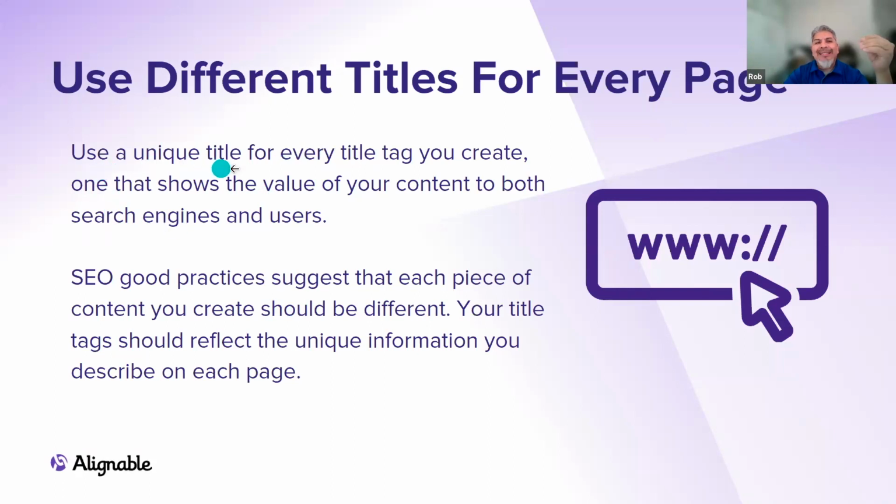So use a unique title for every title tag you create, one that shows value of your content to both search engines and users. SEO good practices suggest that each piece of content you create should be different. Your title tag should reflect the unique information you describe on each page. So each page does get a different and unique title for the content that's on that page.